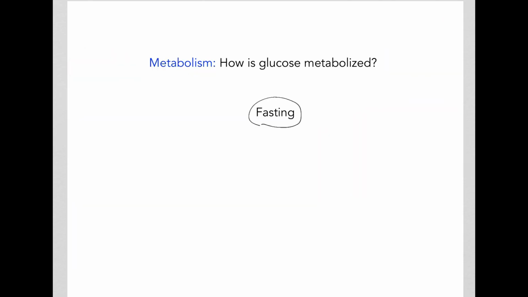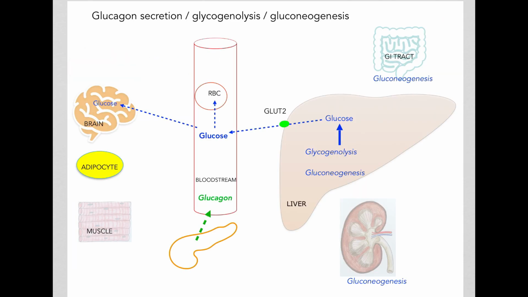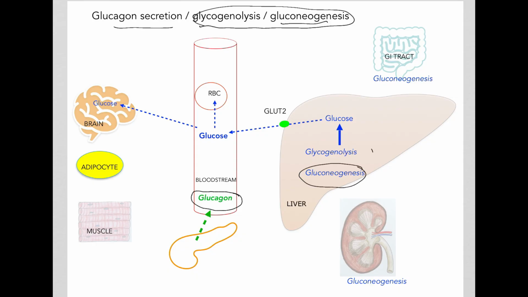What happens during the fasting state? During fasting, instead of insulin, there is a lot of glucagon. Glucagon secretion is high. And there are these two key things that happen. Gluconeogenesis, synthesis of new glucose, which is mostly done by the liver.